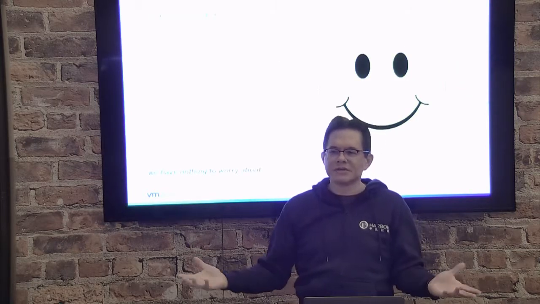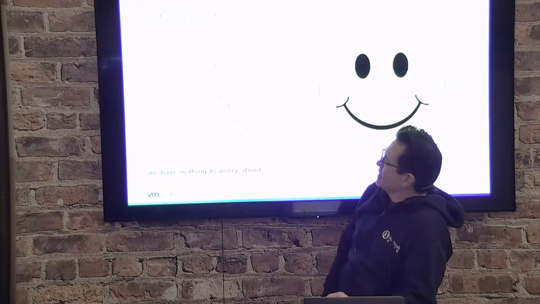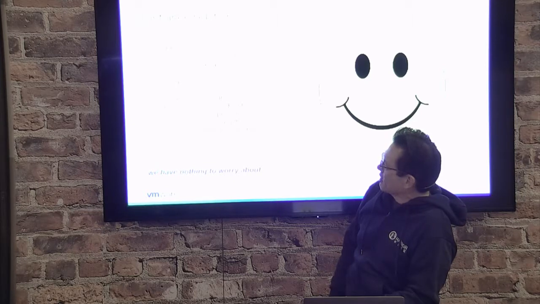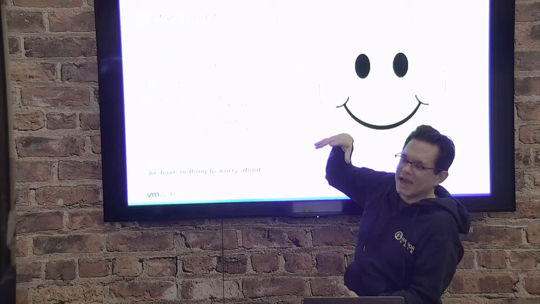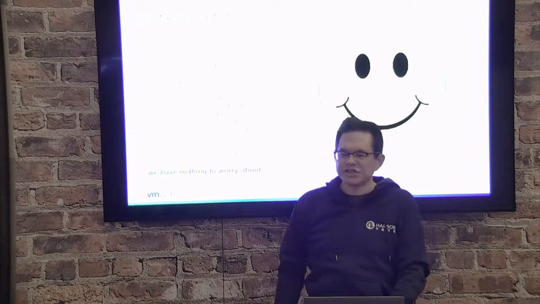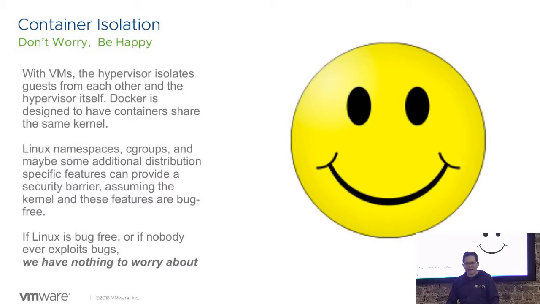So there are other security issues in deploying containers as well. The way that containers work with the Docker runtime is that your container runtime runs on top of Linux, and it shares a little bit more than what you might be used to in a hypervisor like vSphere, where every instance of the VM is running its own independent OS.